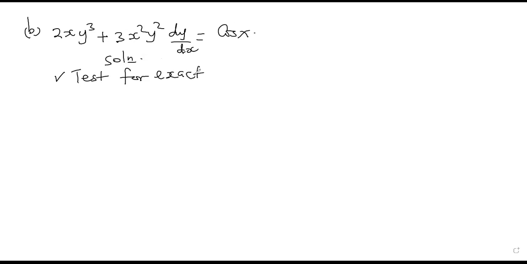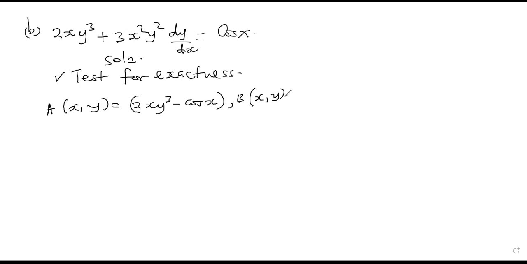After testing for exactness, now get the other general form of the equation, which we had. After testing for exactness, we found that A_xy is equal to 2xy cubed minus cos x. Then we saw that B_xy was 3x squared y squared.